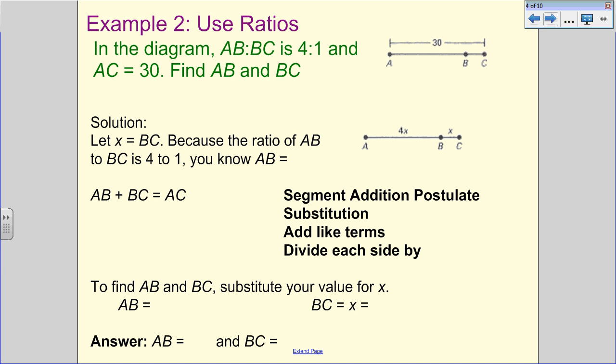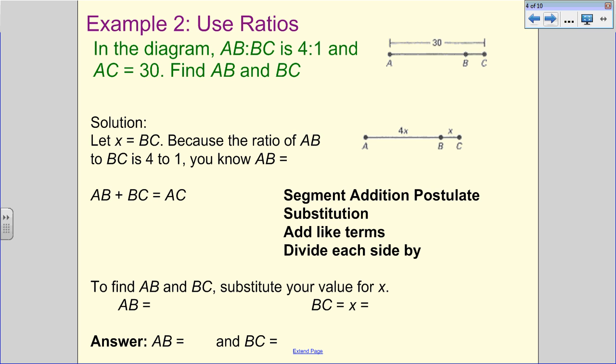All right, now what we want to do is use the ratios that we have. So in the diagram, AB to BC is a 4 to 1 ratio. And we know that AC, the entire length of that segment, is 30. We want to find the two smaller segments, AB and BC. We're going to let X equal BC.